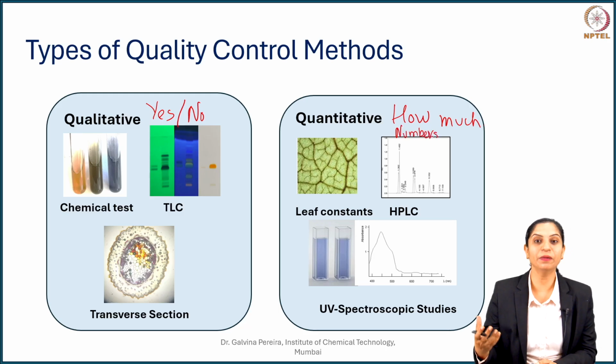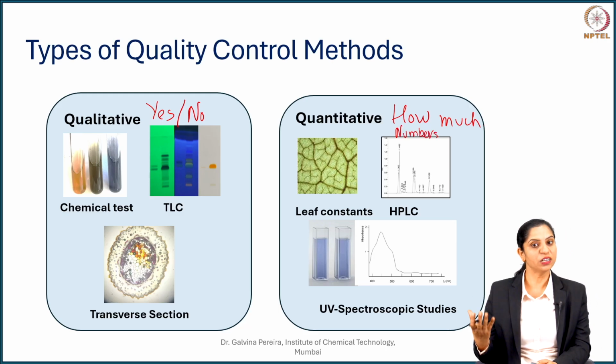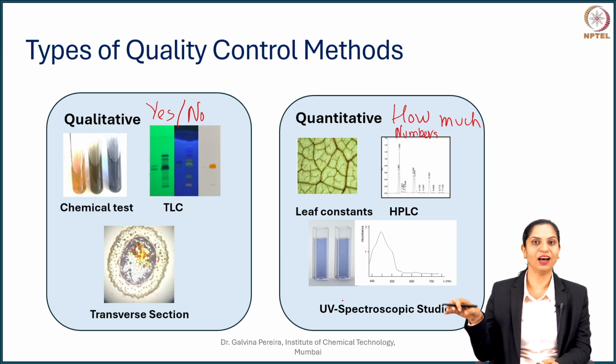So, you will often get some reading. It is like 6%, this much volume, this much absorbance. So, I can do UV spectroscopy quantitatively, I can do an HPLC, or I can check some physical methods, or I can check some microscopic methods to see the values, such as your lycopodium spore method, or even your leaf constants, which will tell me this many stomata are there per millimeter square, or this many vein islets or vein terminations are there per mm square.